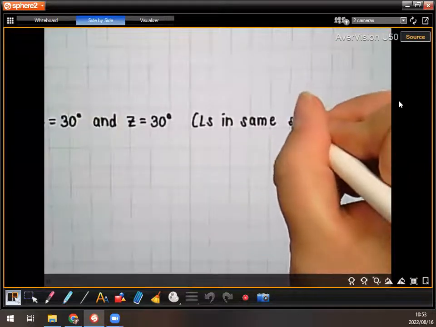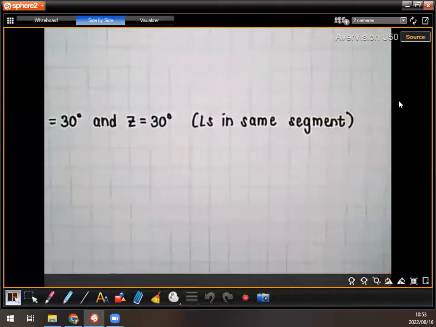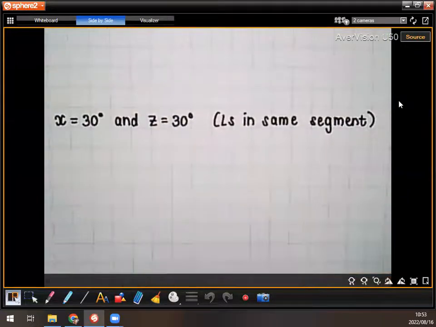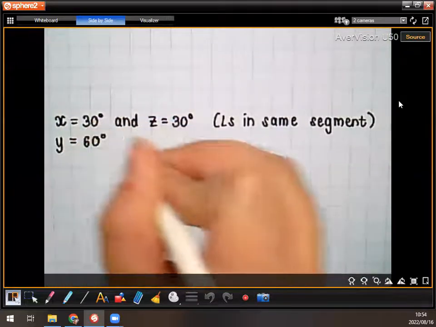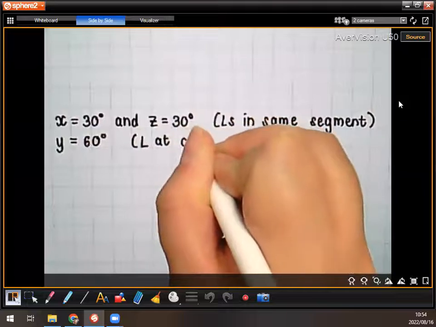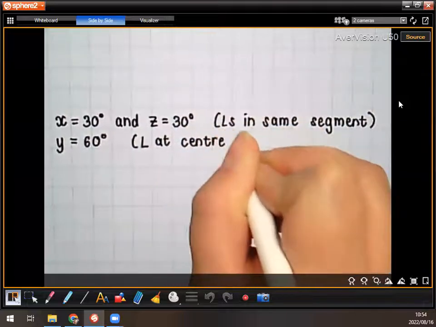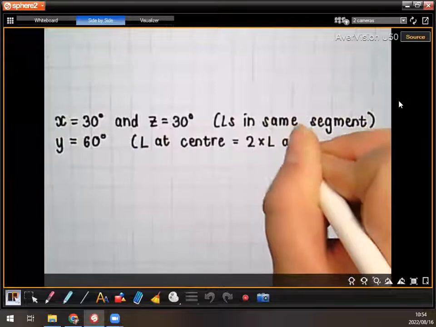That will save you some time. And then Y is going to be 60 degrees because of angle at center equals 2 times angle at circumference.